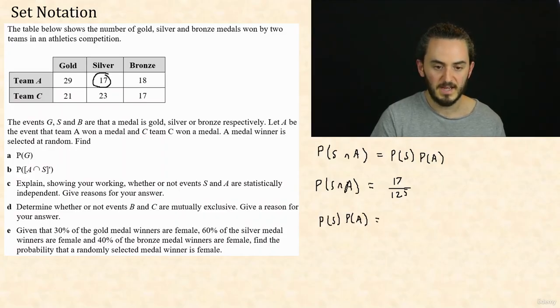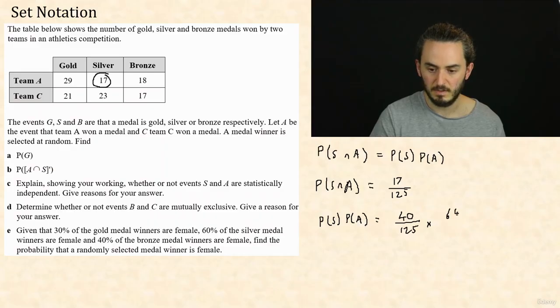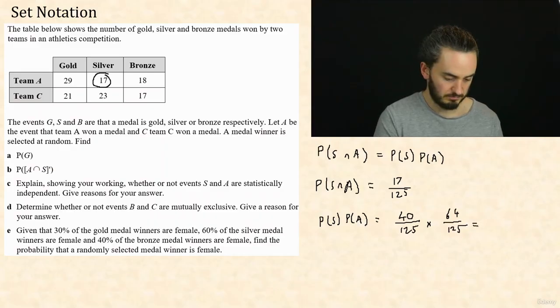Well, the probability of S is just the probability that someone wins silver, which is all of these, which is 40 over 125, multiplied by the probability of A, which is just all of these, which is 29 plus 17 plus 18, which is 64 over 125.